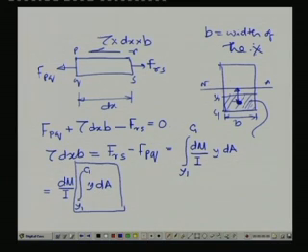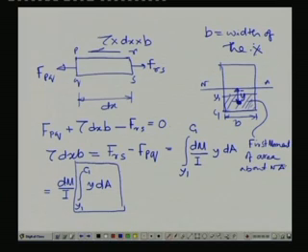If we multiply this area by y bar, what we get is the first moment of area about the neutral axis.